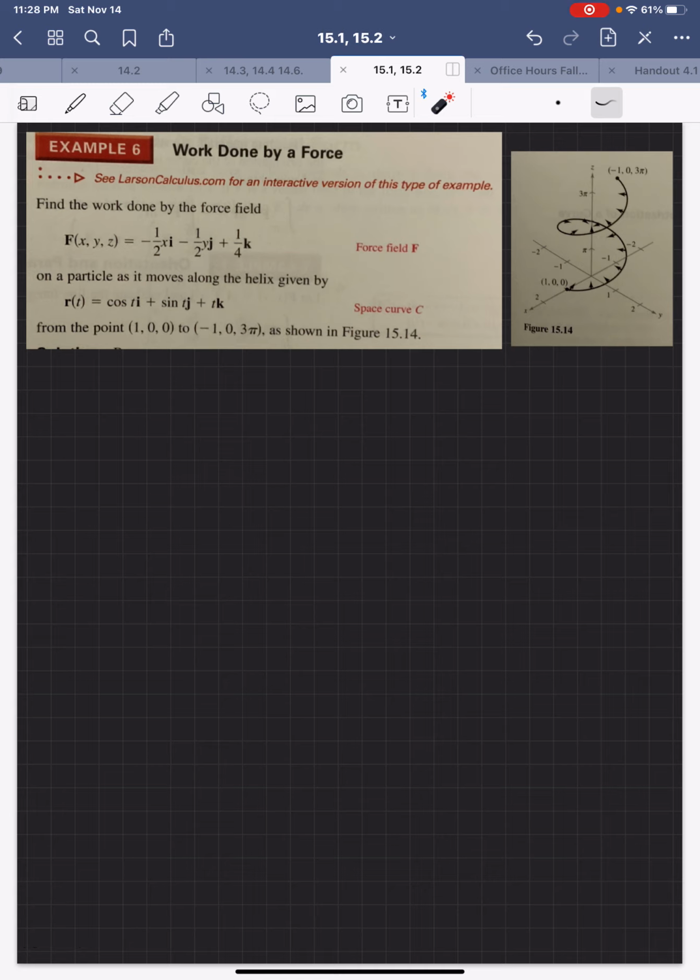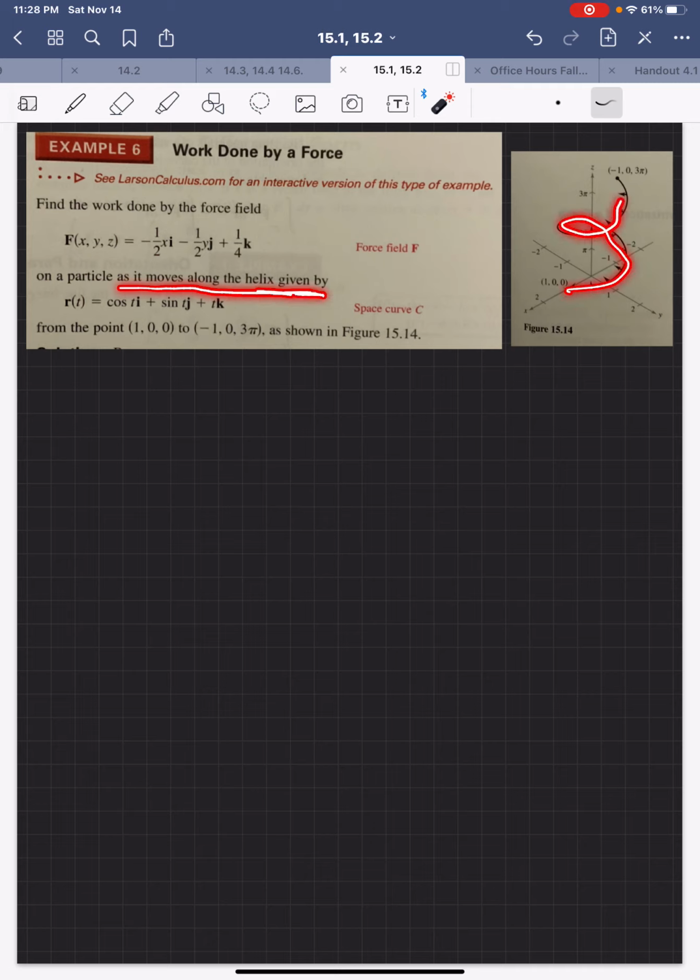If you want to calculate the work done by some force field, here's our force field, and we want to calculate the work done by this field on a particle as that particle moves along the path of a helix.